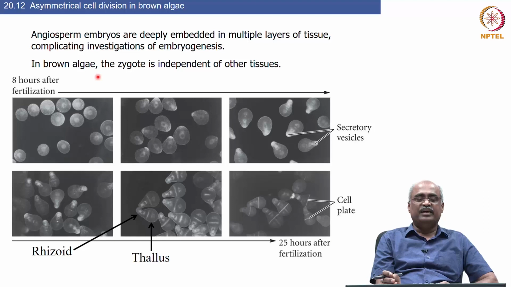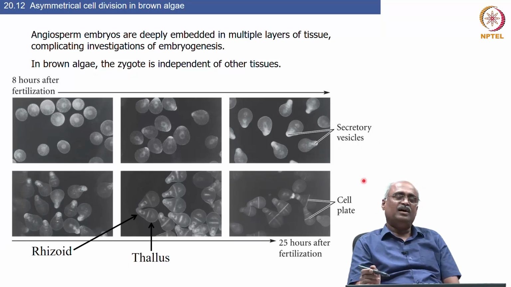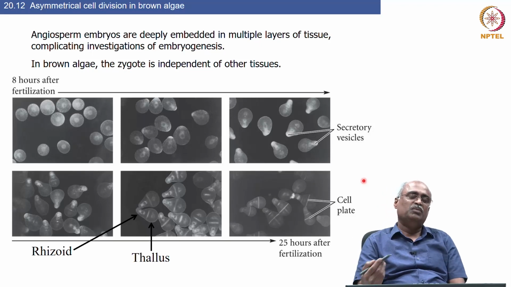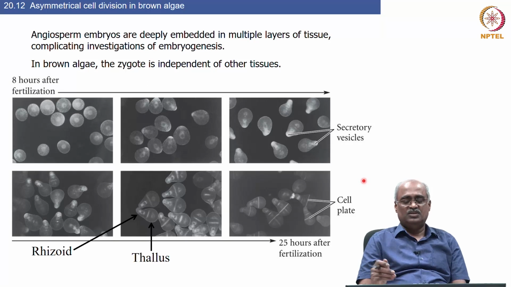So, people have looked at the embryogenesis in brown algae in some detail, and one interesting piece of information that comes from it is the role of the secretory vesicles and how the environmental cues impact the polarity, like the anterior-posterior or dorsal-ventral polarity that we learnt when we discussed Drosophila. Here, the important polarity is top to bottom, the vertical axis, shoot and root.